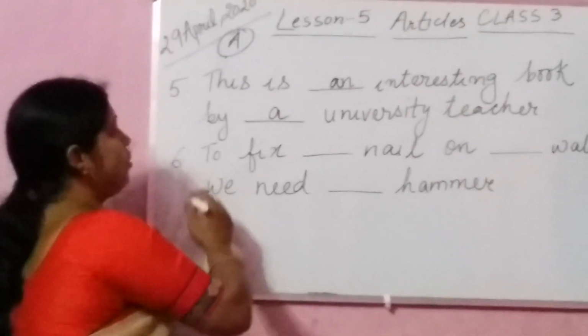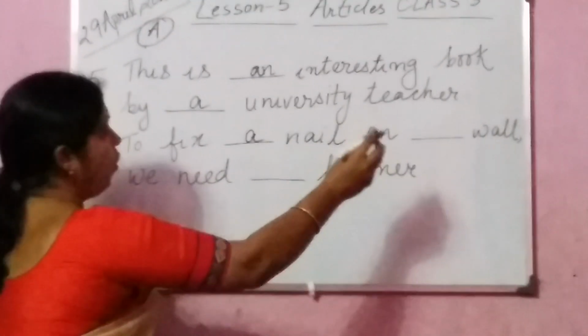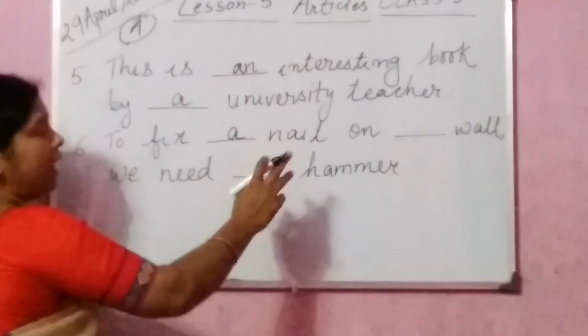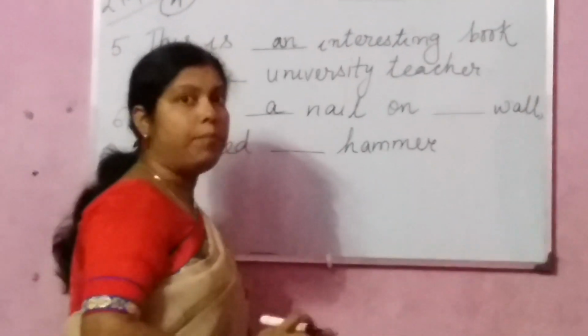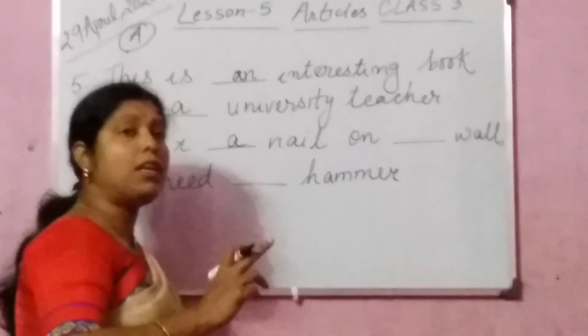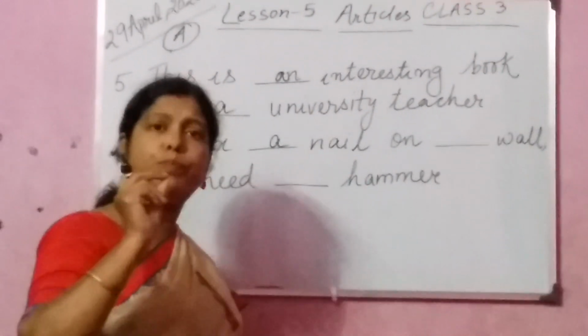Now, number 6 you see, to fix a nail on wall, we need a hammer. Now you see, to fix a nail on the wall, actually here wall is countable, but we are not going to use a or an before wall because we are talking about a particular wall, a specific wall.